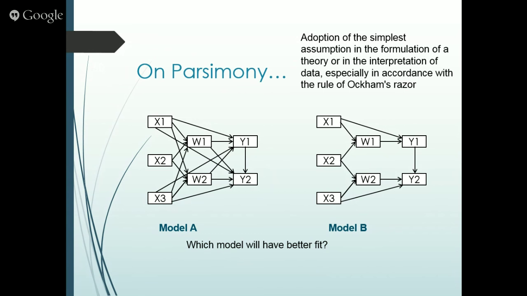Why? Because we're accounting for more of the relationships in the data than in Model B. Model B is missing a lot of stuff. Model A accounts for all that stuff. Therefore, the amount of variance not explained by Model A is less than the amount of variance not explained by Model B. Therefore, Model A will have greater model fit.